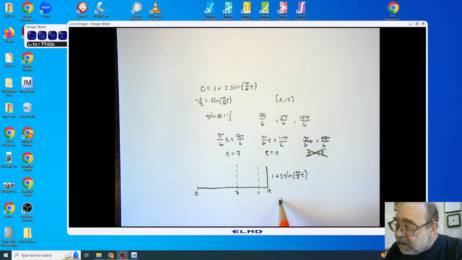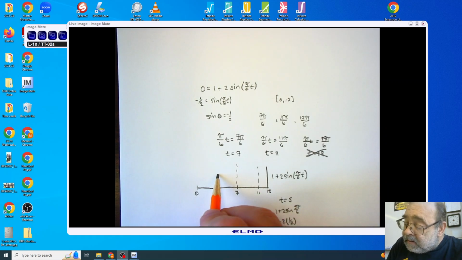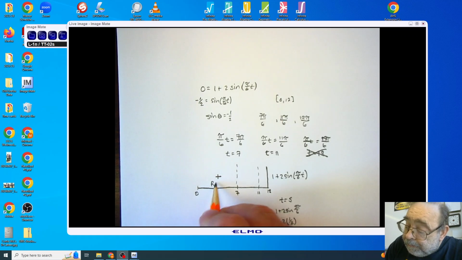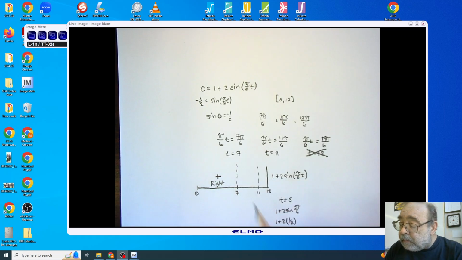I'm going to choose t equals 5, and plug it in. I get 1 plus 2 sine of 5 pi over 6, which I already know is 1/2 using my trig knowledge. Putting in the 1/2, I get 1 plus 1, and 2 is greater than 0, which means that this entire interval from 0 to 7 is positive. Therefore, I know that the particle is moving right on this first interval.